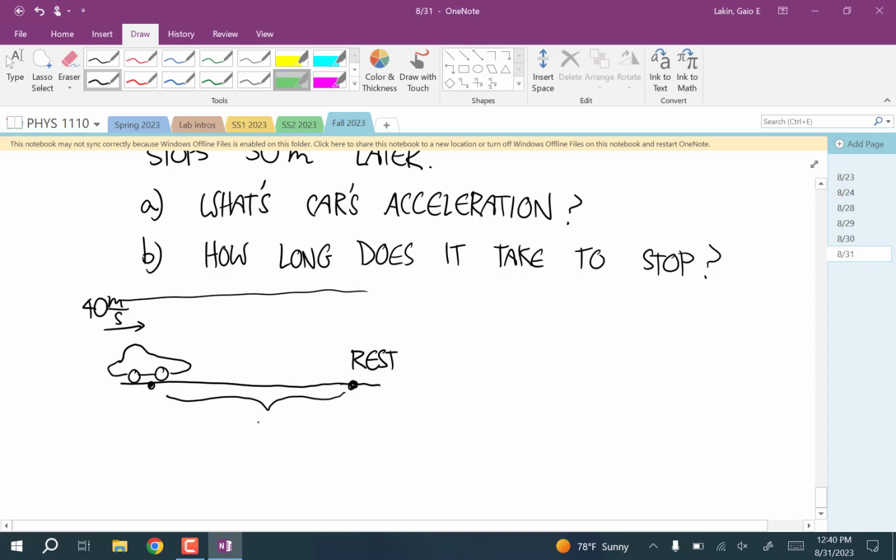And the distance between these two is 30 meters. Let's choose our 0 position at the location where it's going 40 meters per second, so I'll call that 0. And our positive in the direction it's moving, which means negative would be the other way.